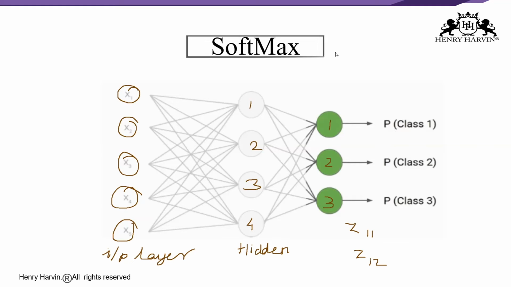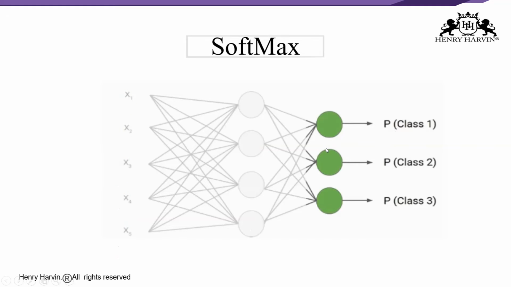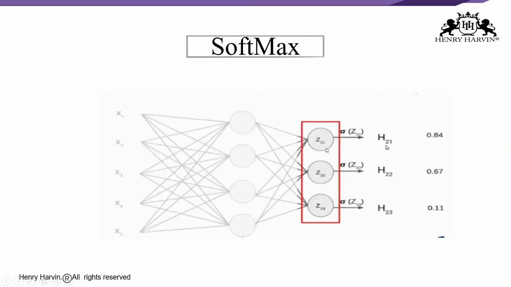Now you may be wondering, suppose we calculate the Z value using the weights and biases of this layer and apply the sigmoid activation function over these values. We all know that the sigmoid activation function ranges from 0 to 1.